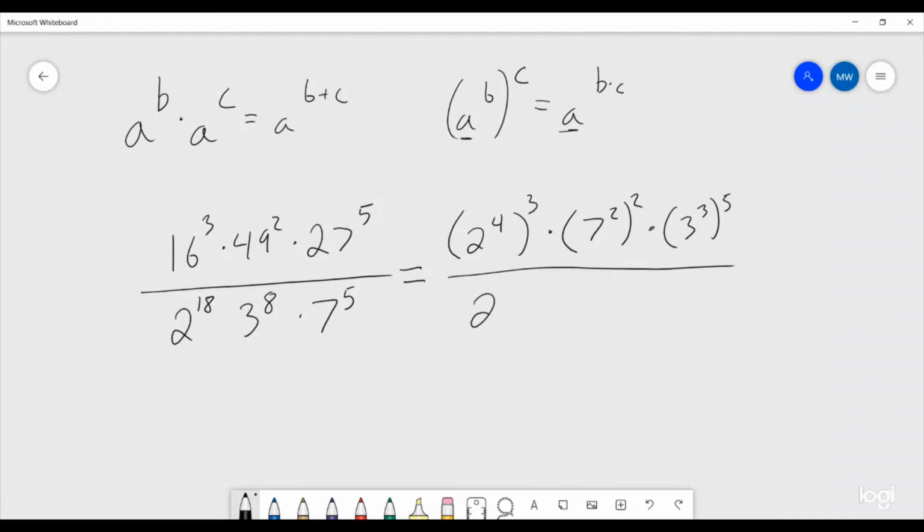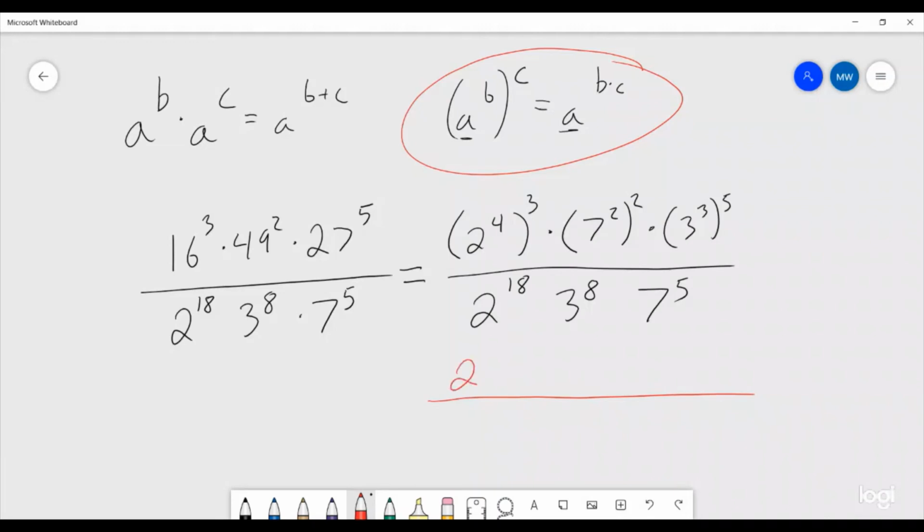So this does actually help simplify quite a bit of these terms, because now, using the rule for exponents, we are able to rewrite the top as 2 to the 12th, 7 to the 4th, 3 to the 15th, and the bottom is still going to stay exactly the same, 2 to the 18th, 3 to the 8th, 7 to the 5th.